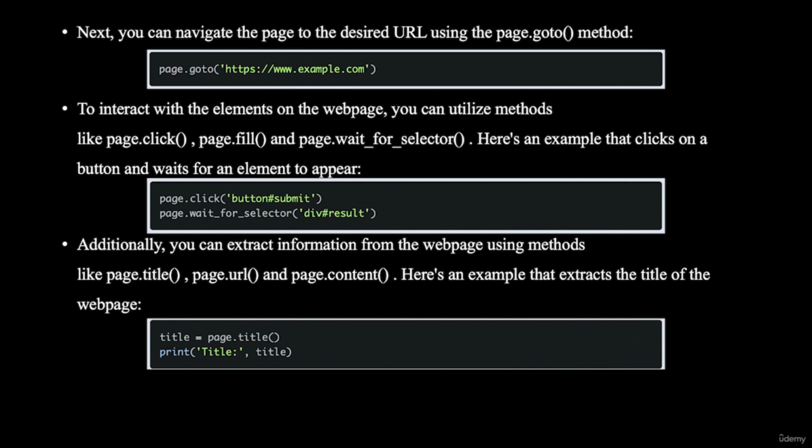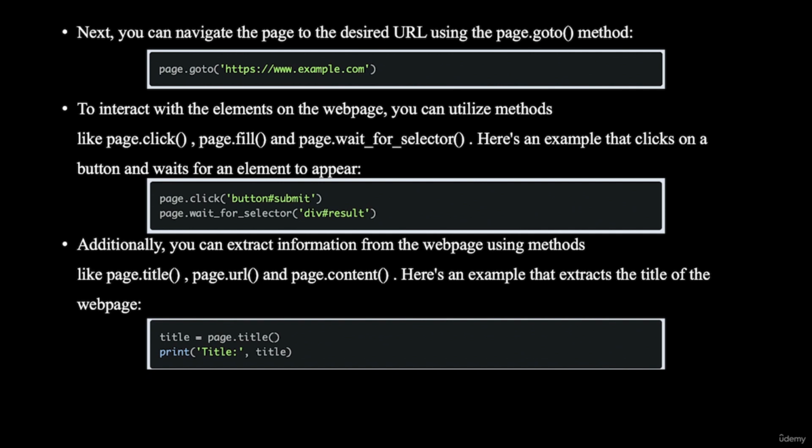So next, once the browser context and page are created, you can navigate the page to the desired URL using the page.goto method to interact with the elements on the web page. You can utilize methods like page.click, page.fill, and page.wait_for_selector.